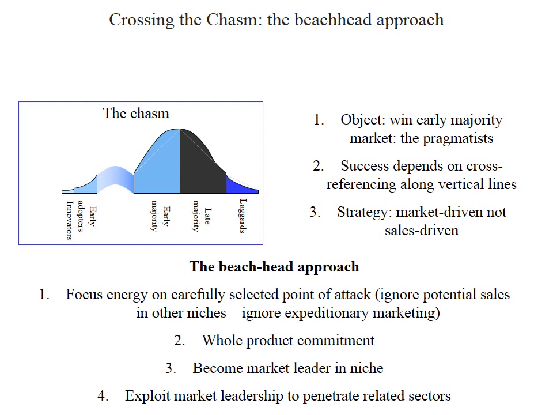Now, if a technology has fallen into the chasm, how do you try to get it out of it? What Geoffrey Moore suggests in his book Crossing the Chasm is to adopt the so-called beachhead approach. The beachhead approach is the approach that the Allies followed in the invasion of Europe during the Second World War in 1944.